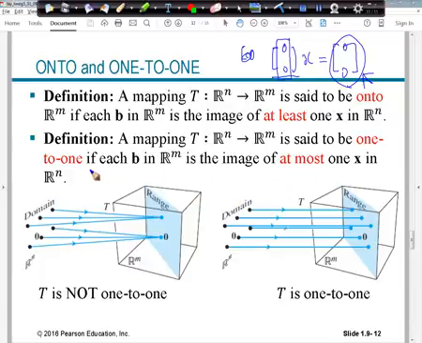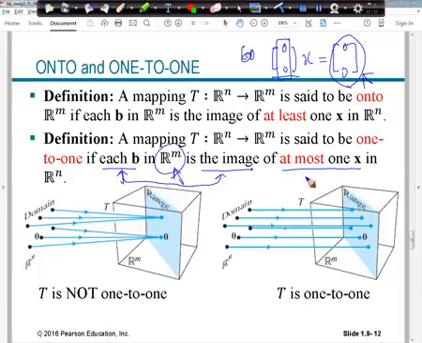Let's look at this definition. Here we consider any b in R^n, so we still consider all the elements in our codomain, and strangely it says this is an image of at most one x.